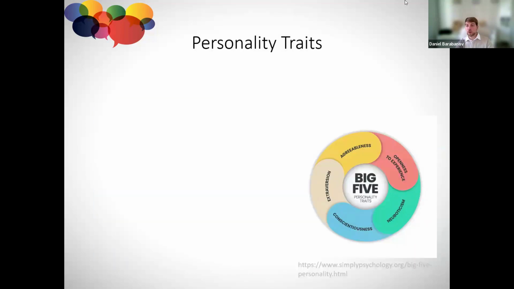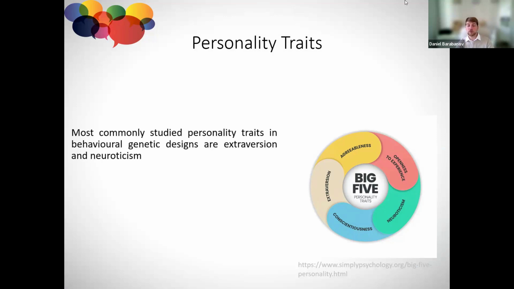So if we will discuss the findings of behavioral genetics, I think the most rational point is to start with the Big 5 personality traits. A very popular theory from the dispositional domain of personality.